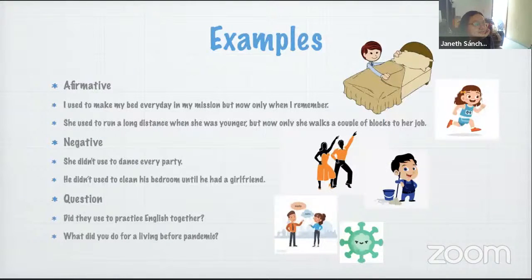And in question, for example, did they use to practice English together? Or what did you do for a living before the pandemic? Again, we only use use to without the d, because we use did and it is in past. And that's all.